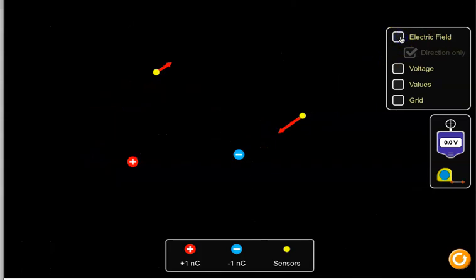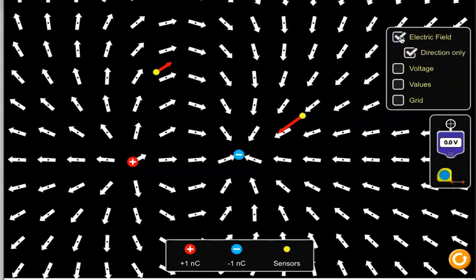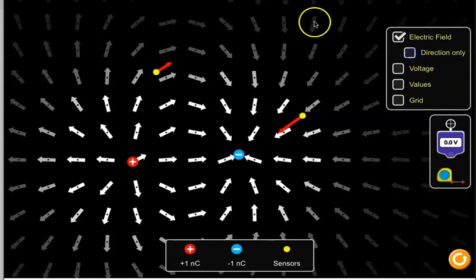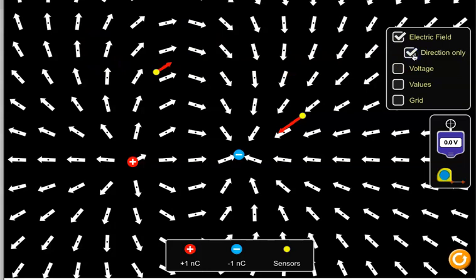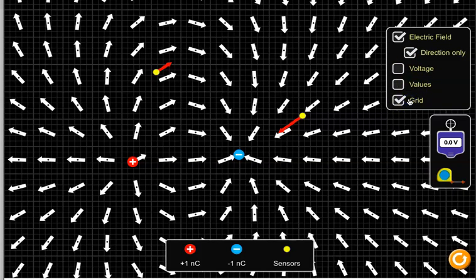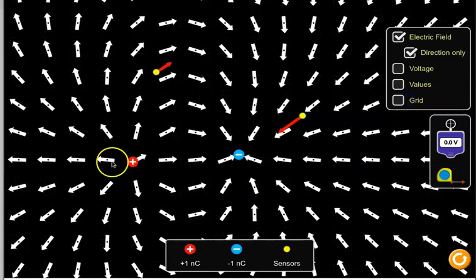If I get rid of the electric field, it's not existing. If I show it, it's there. I want you to click direction only, so we don't worry about the shaded versions of the electric field, because we draw them the same. We're going to talk about how to show electric fields being stronger or weaker with our diagrams. Don't worry about voltage or values. Grid, if you'd like. But really the focus is these charges.